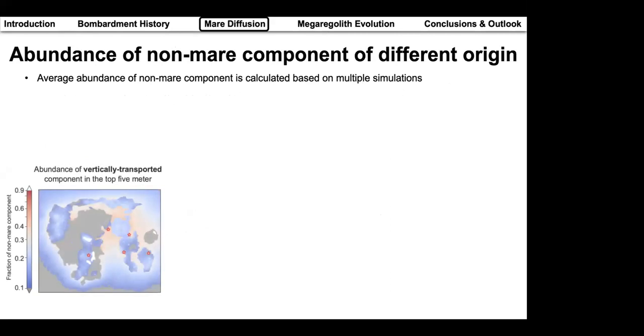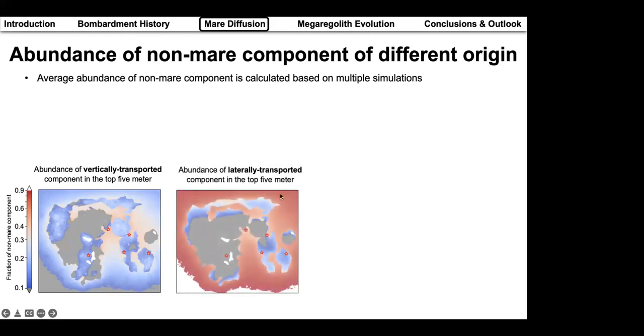This plot shows the non-Mare materials vertically transported to the surface. Vertically means excavated from underlying the Mare regions. The red color indicates higher abundance.